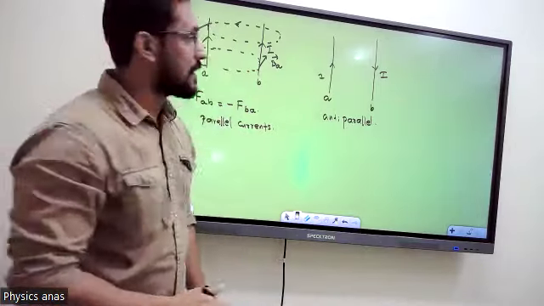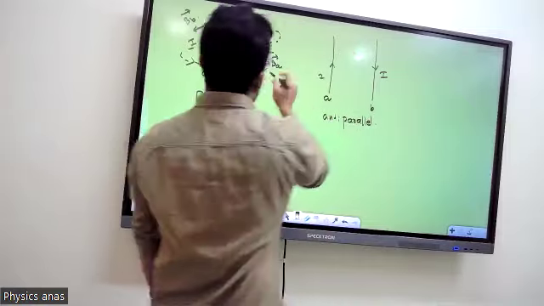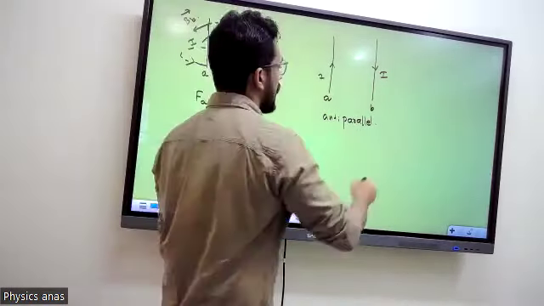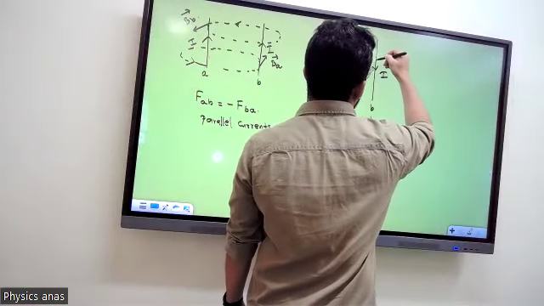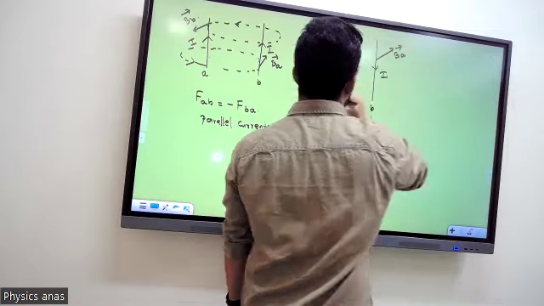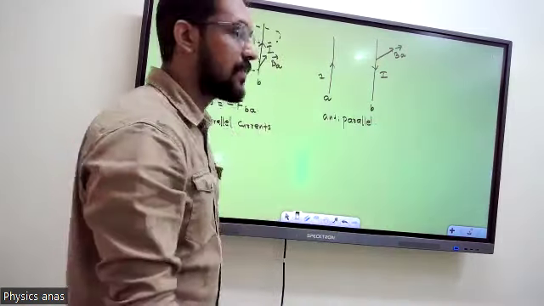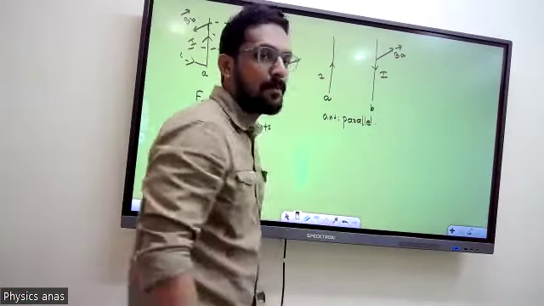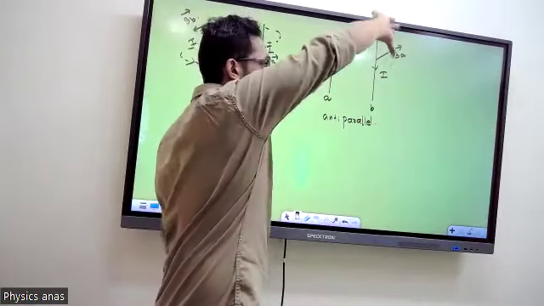If currents are anti-parallel, BA will be exactly similar to the above. So BA will be like this. BA, that's the magnetic field due to A, will be in that direction. And look at the current in B. Current in B is in the downward direction.